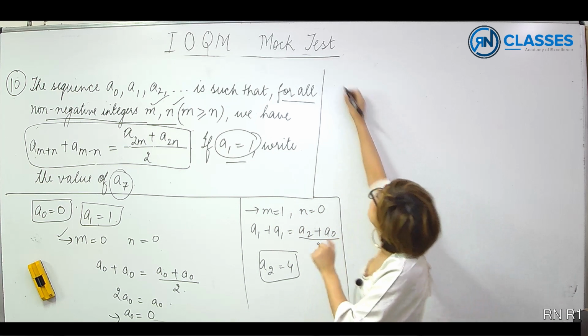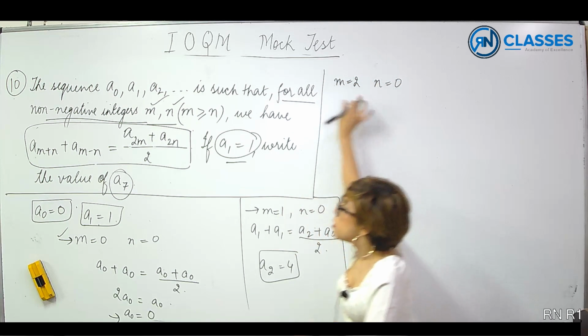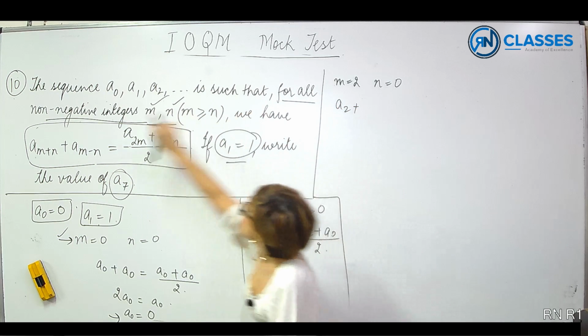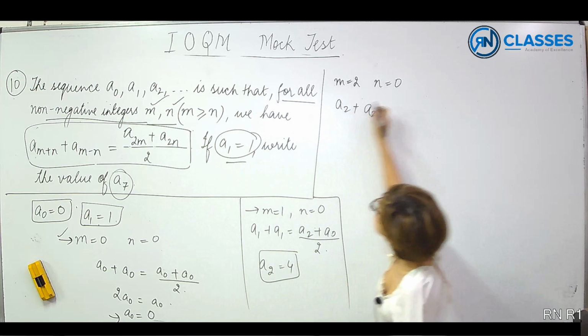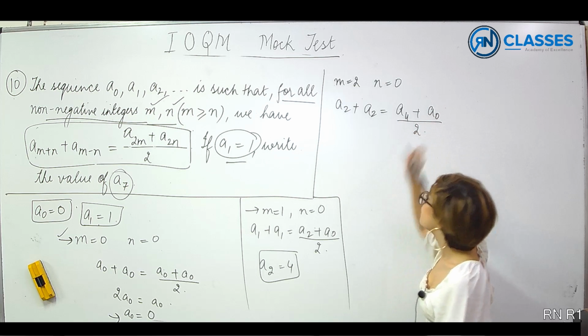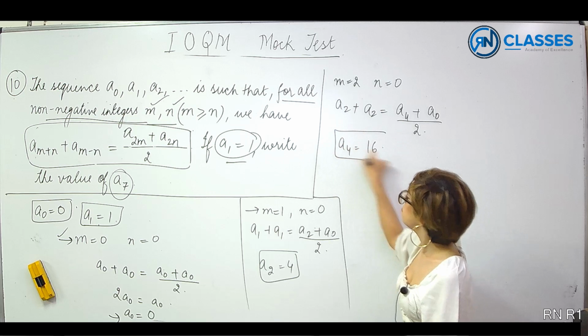So I can put M as 2 and N as 0. Substitute it here: A2 plus A2 is equal to (A4 plus A0) divided by 2. From here I know A4 will turn out to be 16.